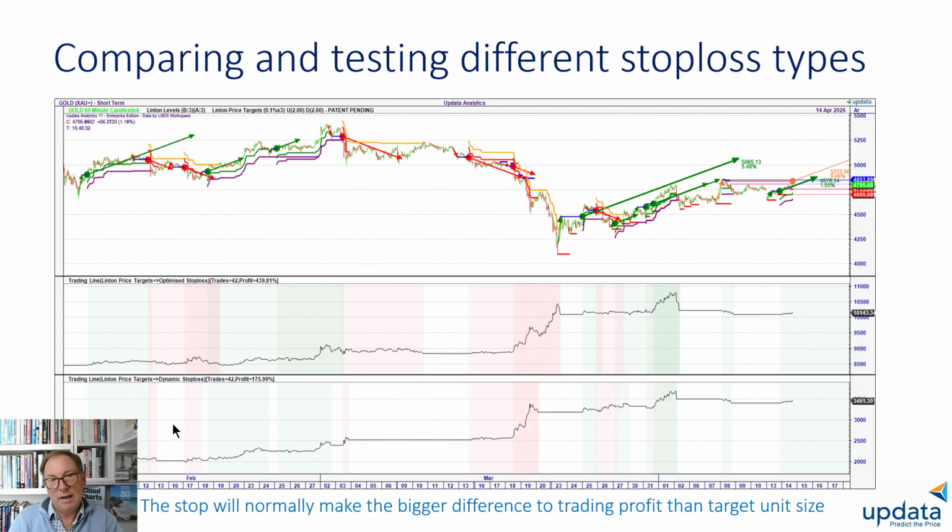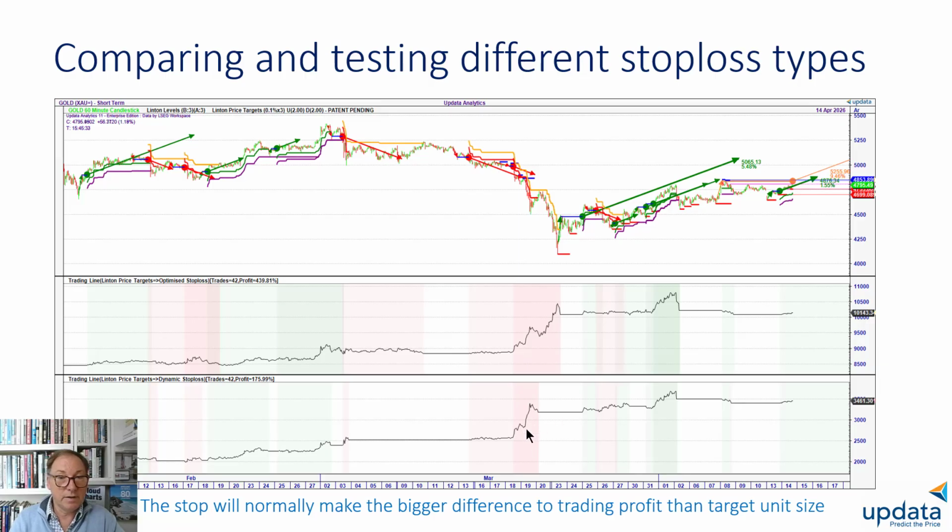Here, this is a feature that we're not yet releasing in Updata, but I'm using it to see which stops work best. And I can see, for example, here on this one, which was the optimized stop, we stayed in the trade longer. Here was the dynamic stop, which rises up or tightens in, meaning that we stay in the trade less long.